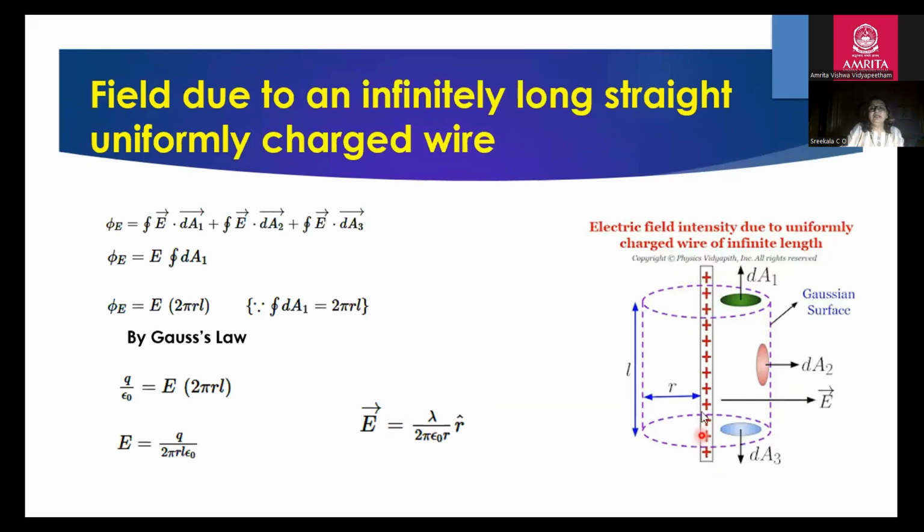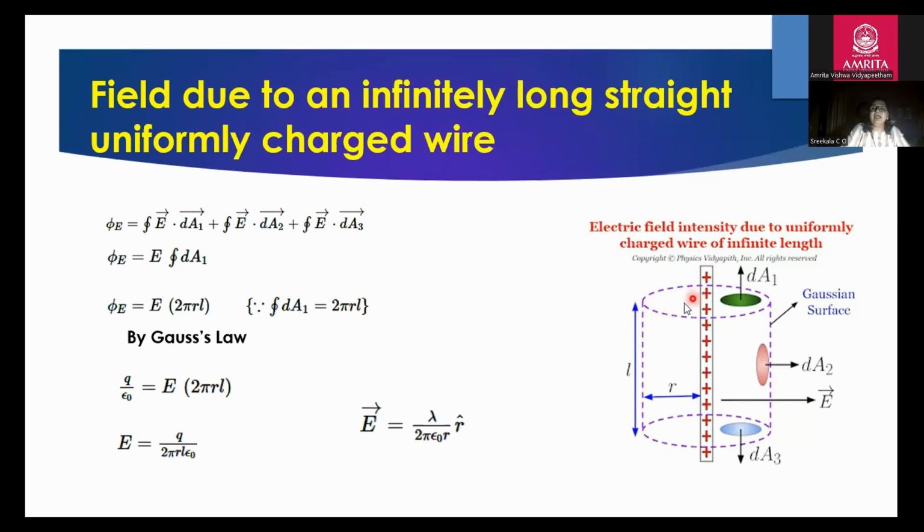To find the electric field intensity at a point P, which is distant r from this line of charge, construct a cylindrical Gaussian surface of radius r and length L, with the point P at the surface of the cylinder.